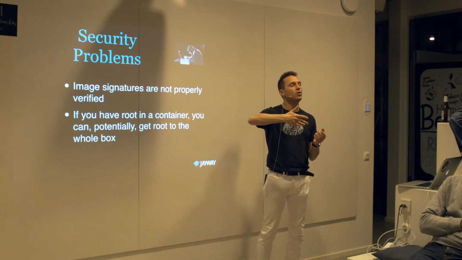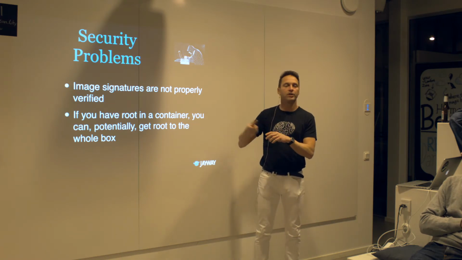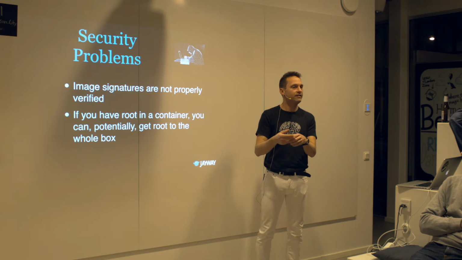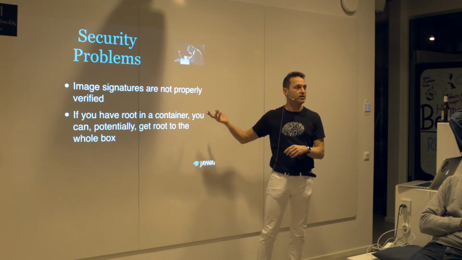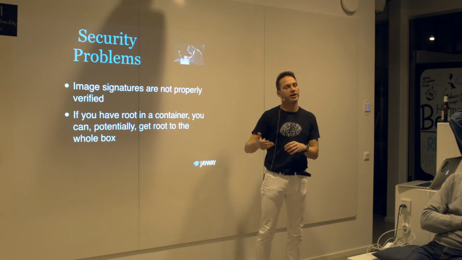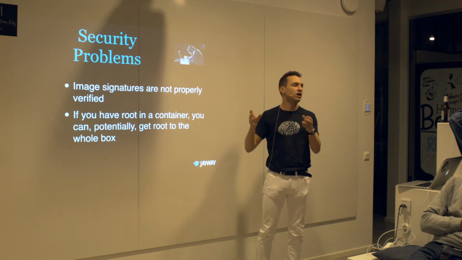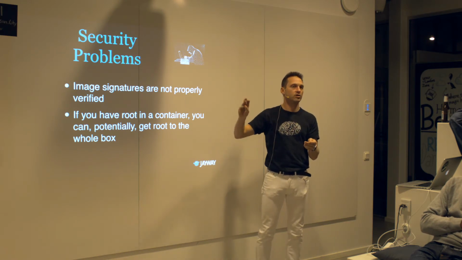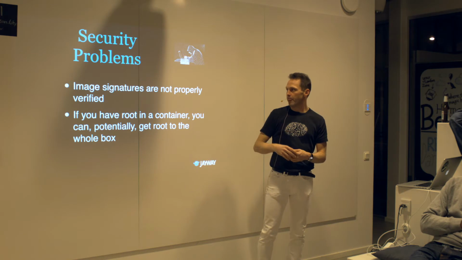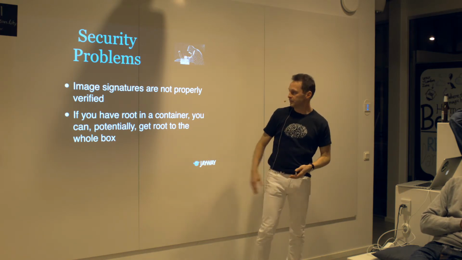If you download an image from Docker Hub and try to verify it, it's automatically verified in the latest version, but that's only an experimental feature. They're not guaranteeing that it conforms to the SHA that they have published. So, yeah, it may be a problem.